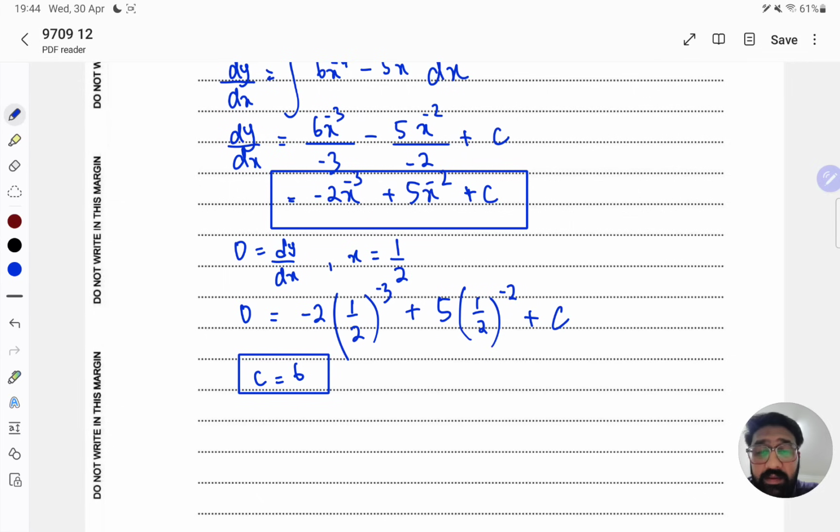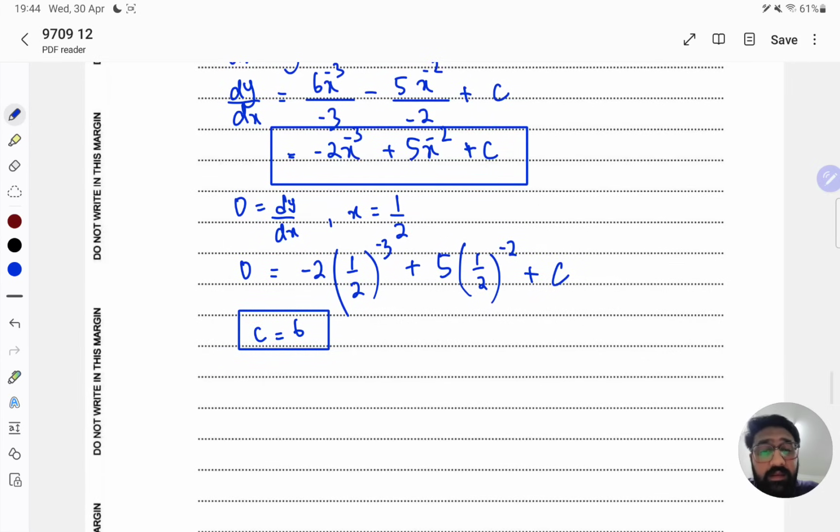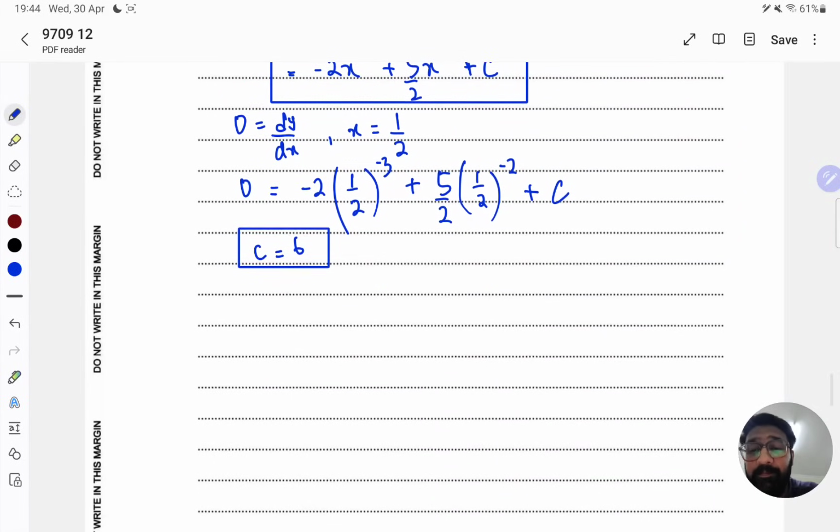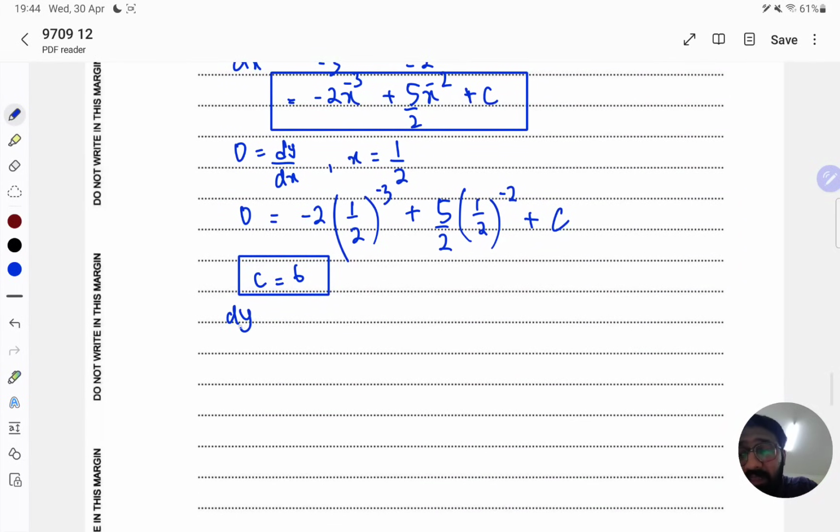Now we have the new equation for dy by dx: dy by dx equals -2x^-3 + 5/2 x^-2 + 6.